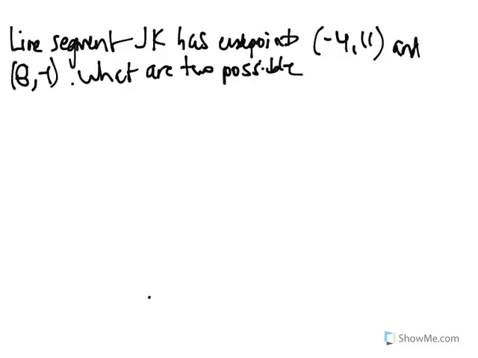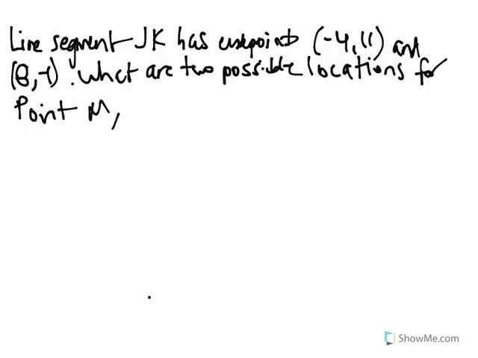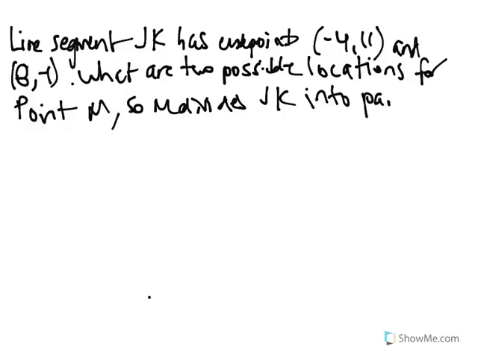Oh my gosh, this question is like an essay. M divides JK into parts in a ratio of 1 to 3. Now that I have my essay-long question, what information do I know?